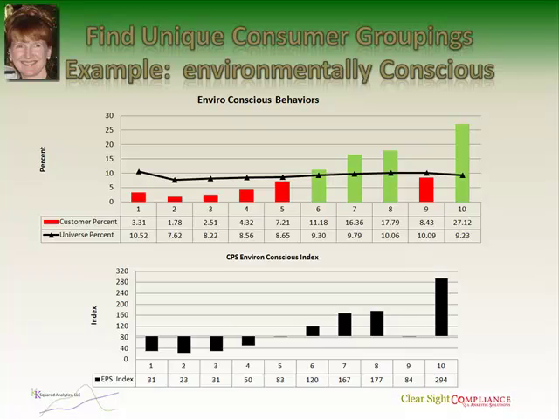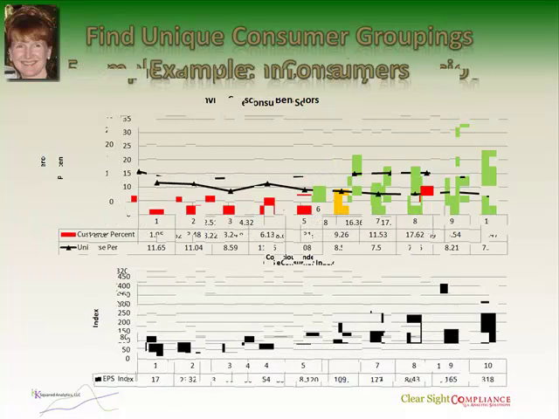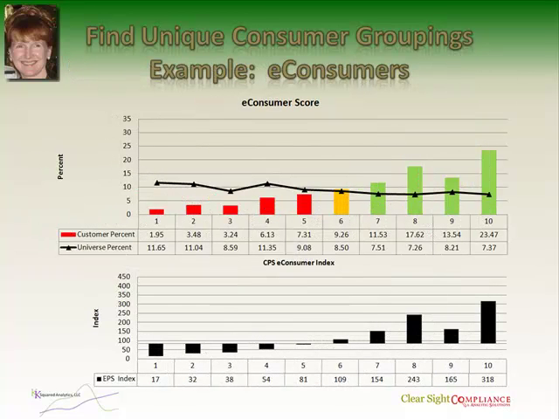And if you're not playing in the B2B world, there are similar consumer groupings that we can use. So in this example, who are my environmentally conscious buyers? How do my environmentally conscious buyers benchmark against the rest of the universe? Which of my clients prefer to be contacted through electronic means?